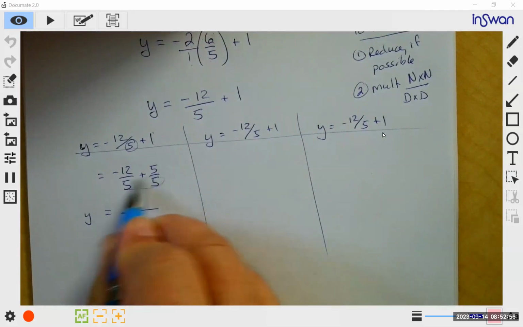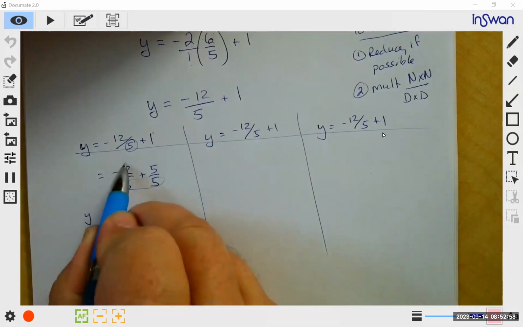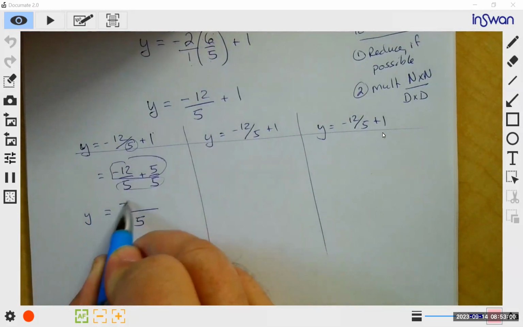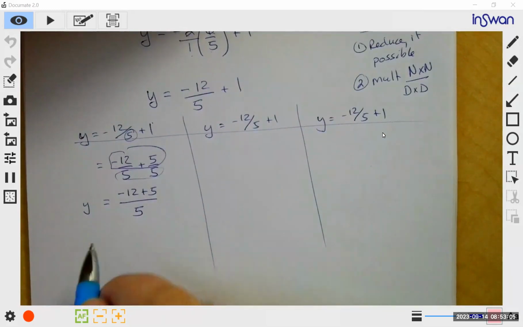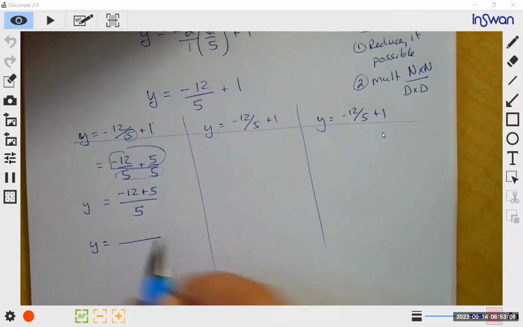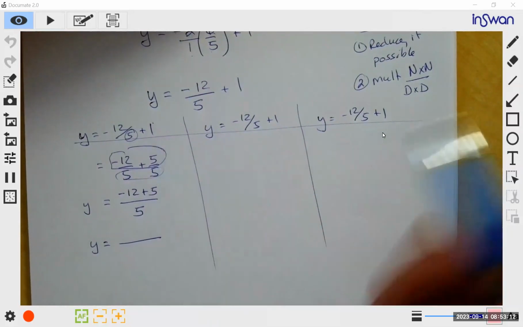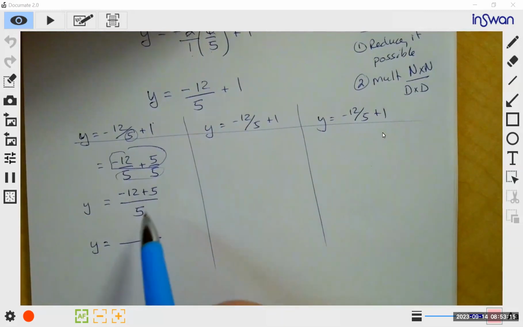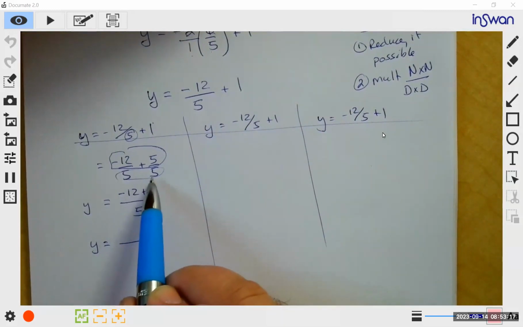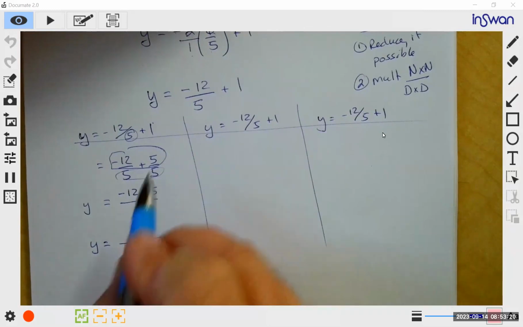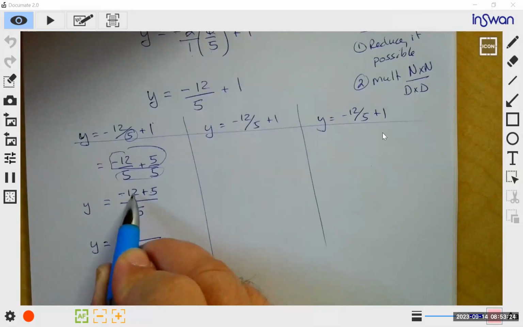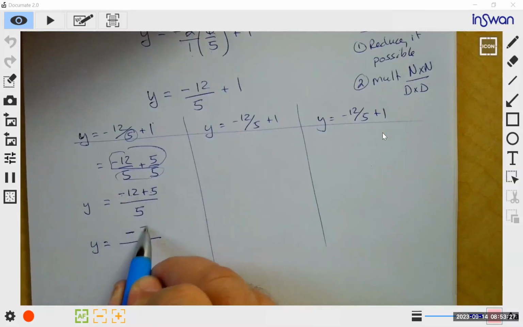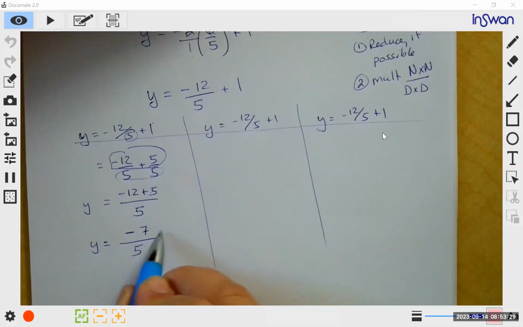Once you get a common denominator, you just have to worry about the top now. The negative 12 plus 5. This is the reason why the top number is always positive or negative, and the bottom number is never negative. Whenever you get a common denominator, it's always going to be positive. The sign changes only on top. Negative and positive, 12 is bigger, so it's negative. 12 minus 5 is 7. So it's negative 7 over 5.